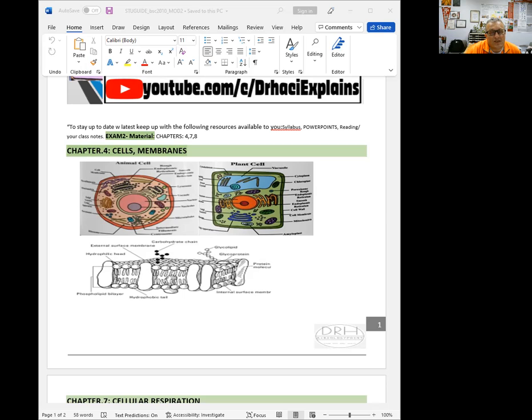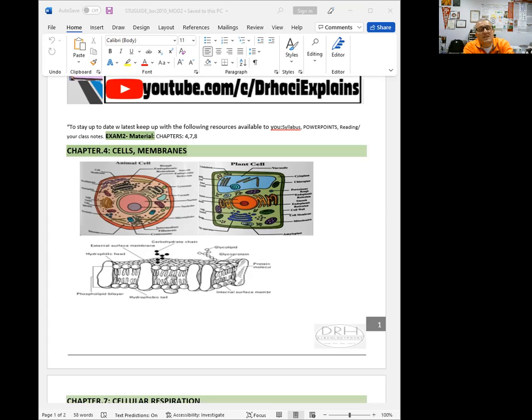Cell walls are the extracellular structure, especially in plant cells and fungi cells as well, even though their material is different. One is cellulose, the other one is chitin, but they both have a wall. The wall can be primary wall, middle lamella, which is like a glue that holds everything together, or secondary cell wall. And plasmodesmata are the tiny holes in the wall.